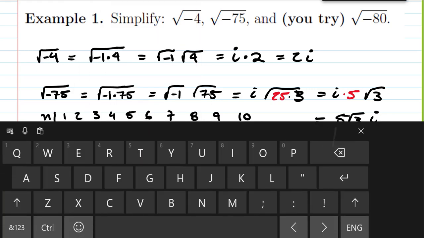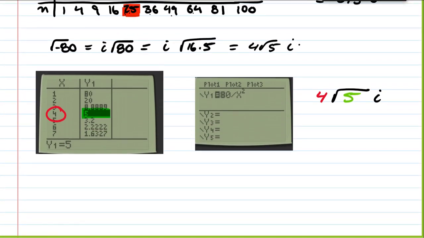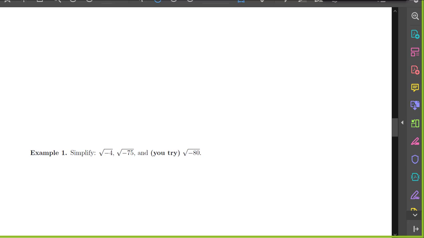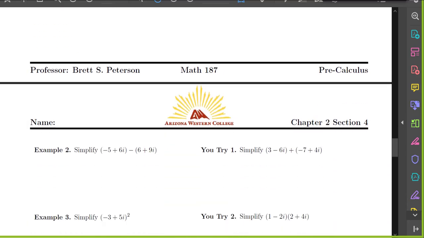All right. So let's move on a little bit and have a formal definition of a complex number.